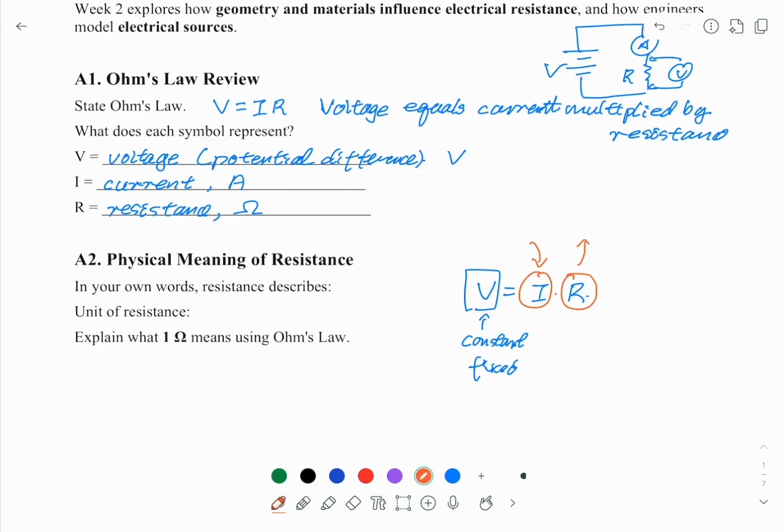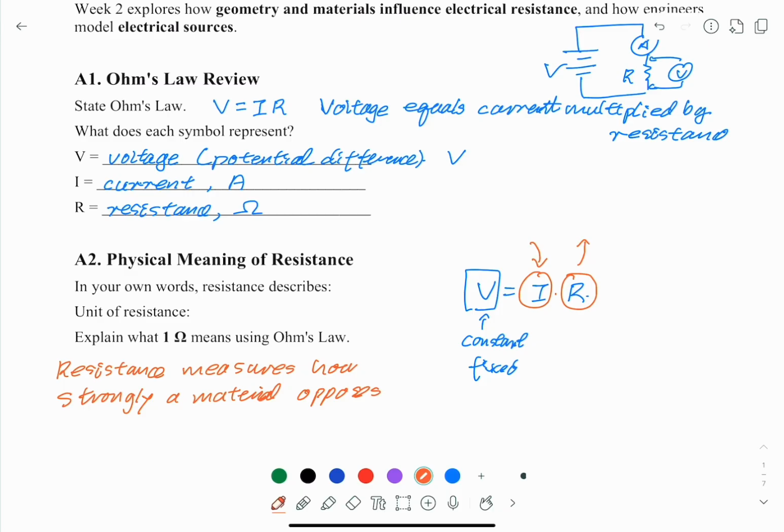So to put it down here, you can say resistance measures how strongly a material opposes the flow of electric current.